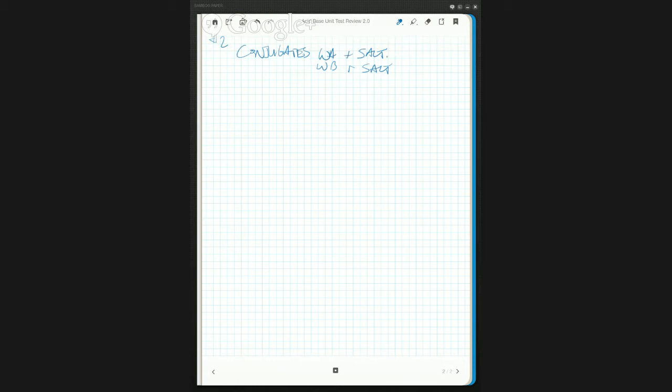If it's a weak acid and its salt, then it's usually got some sort of a metal cation with it, okay? And if it's a weak base plus a salt, there's usually some halide anion. That's usually what it is. It's kind of a funny thing, okay?